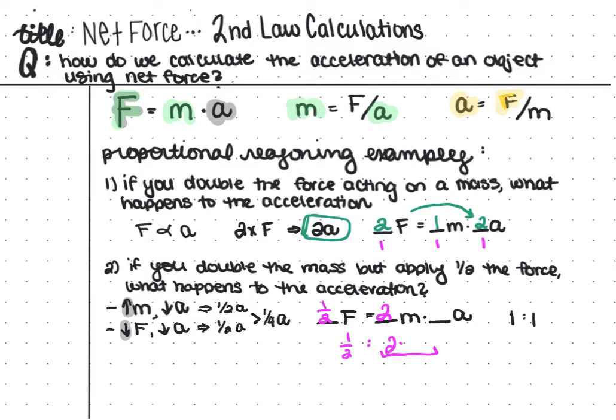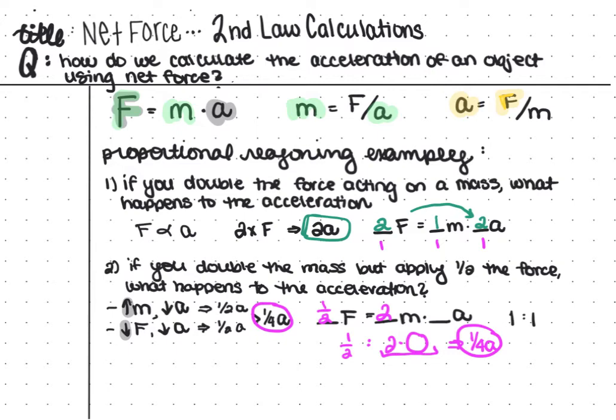So 2 times some number is going to get me to 1/2. So again, we can divide it over. So 1/2 divided by 2 gets you to 1/4, which was the same conclusion that we came to over here. So two different ways. I like proportional reasoning because it has you look at those relationships.